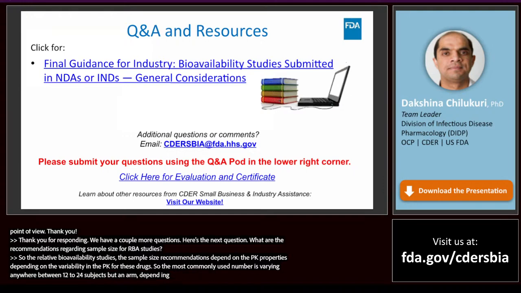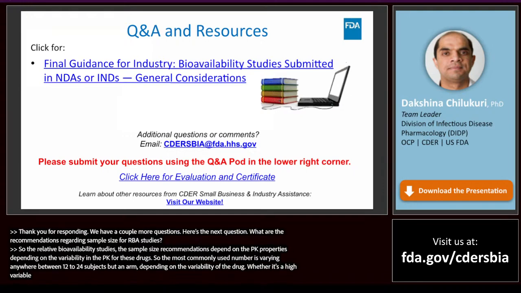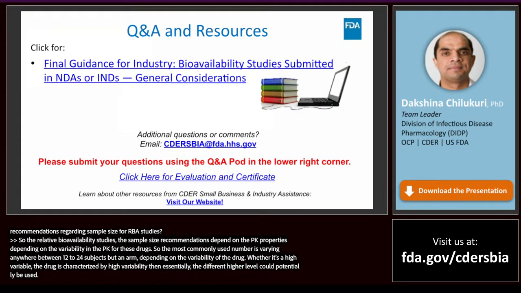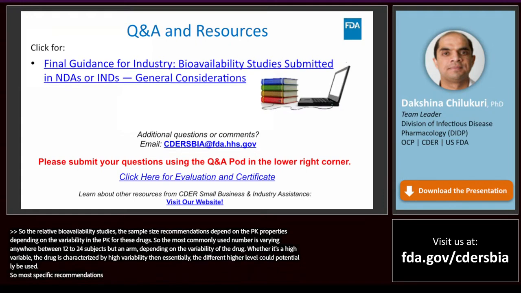If the drug is characterized by high variability, then a higher number could potentially be used. So no specific recommendations, but it would depend on the PK properties of the drug. Thank you.